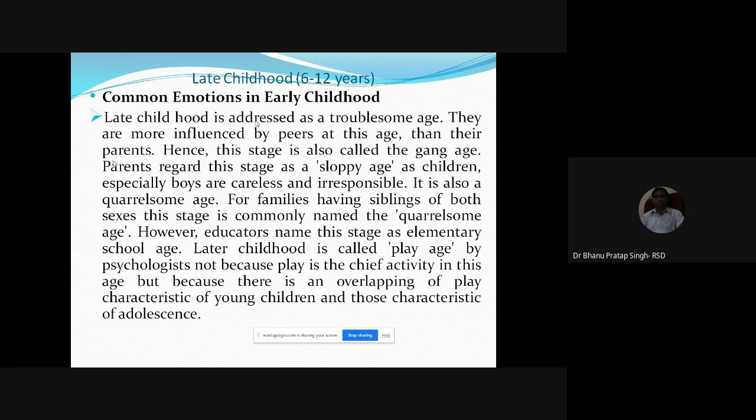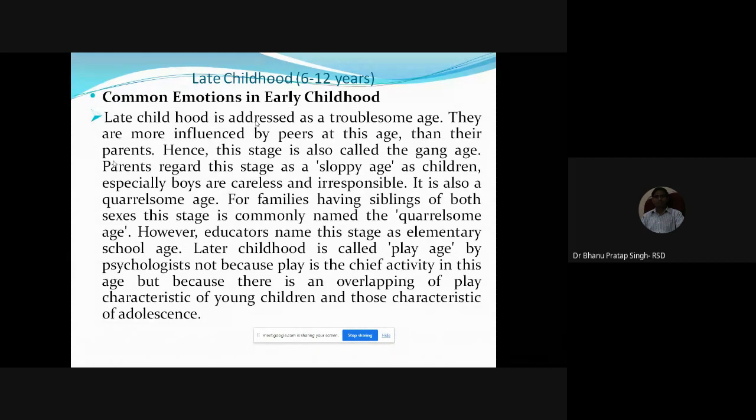Educators named this age the elementary school age because in this particular age the child starts learning in school.